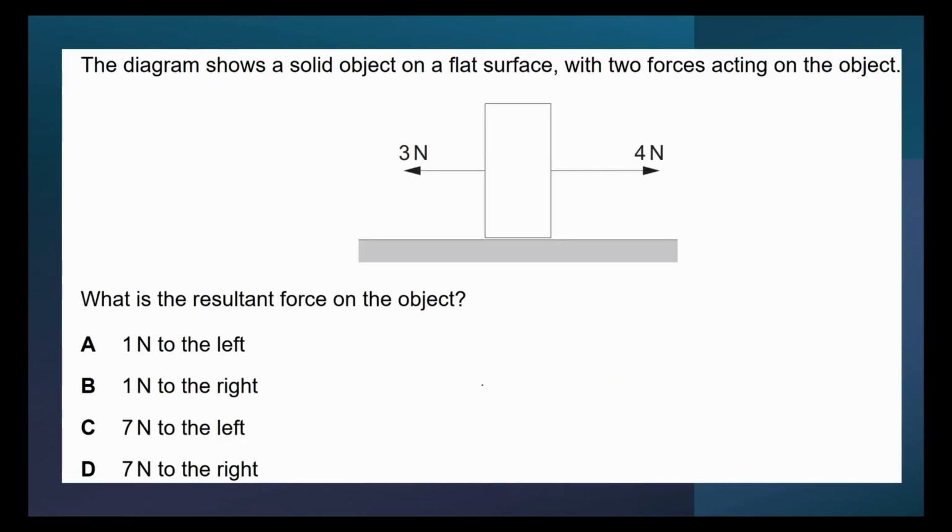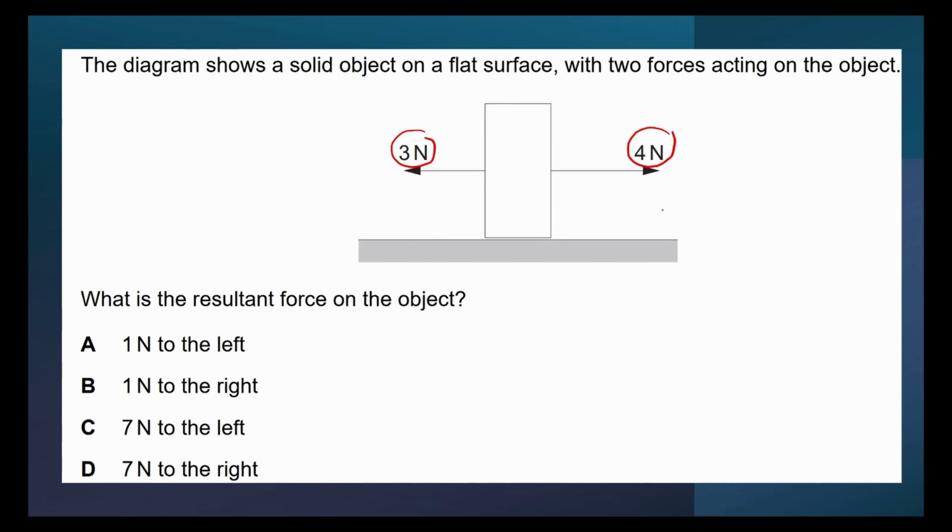About this one, this is the easiest one here. We have here the diagram, and this solid object is affected by two forces. A force of 4 newtons to the right and another one of 3 newtons to the left. So what is the resultant force here?